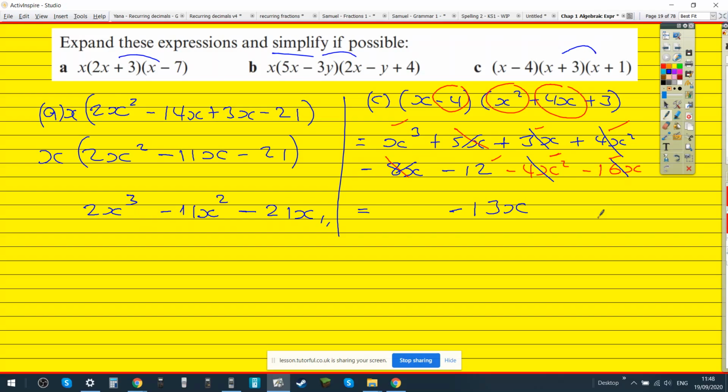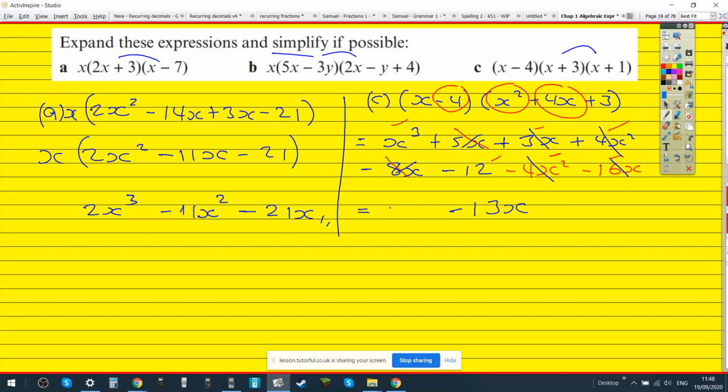Would there be nothing else to simplify? Are there still numbers to simplify? And so what is the final answer?